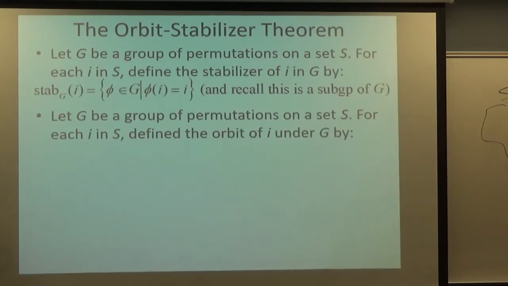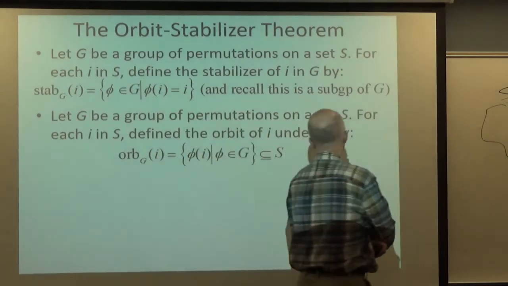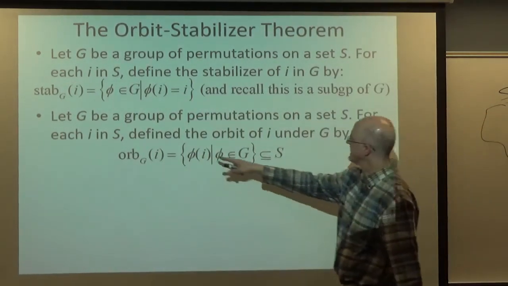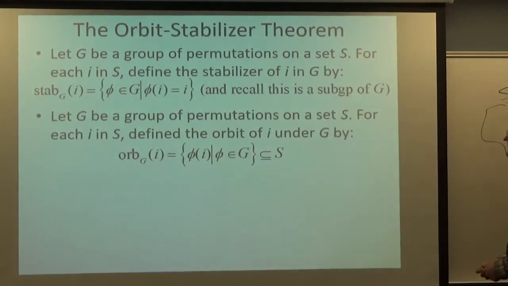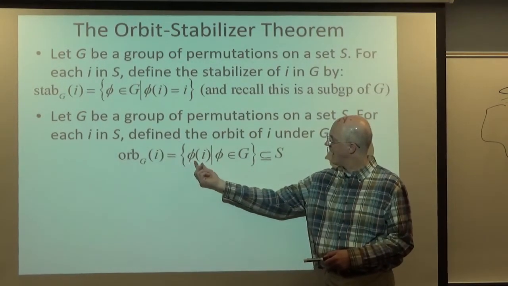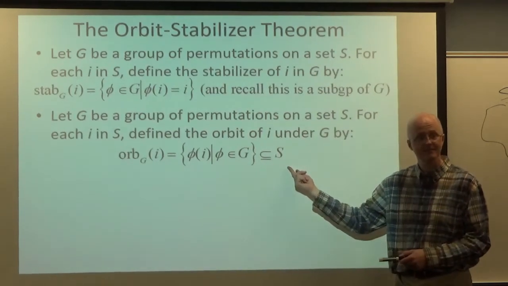Something called the orbit of I under G. Given a set S and a group of permutations G on S, define the orbit of I under G as the set of all outputs of I under elements of G. This is a subset of S.